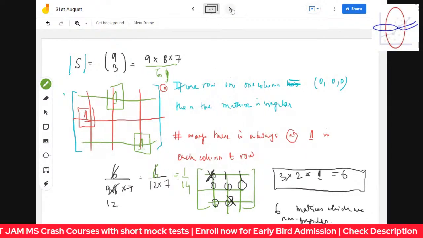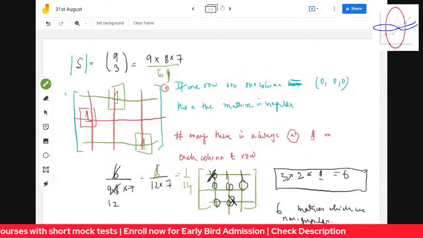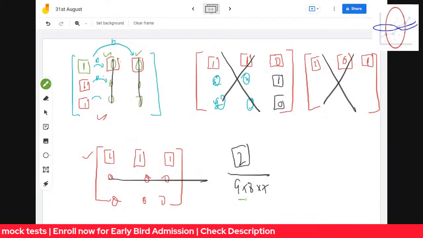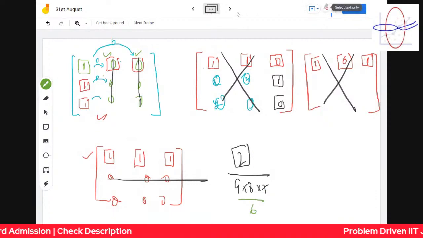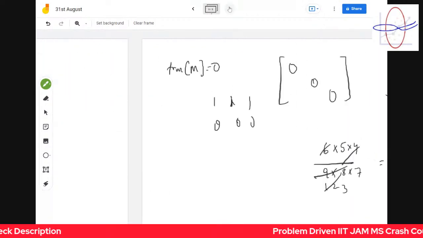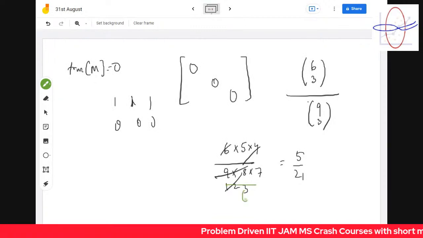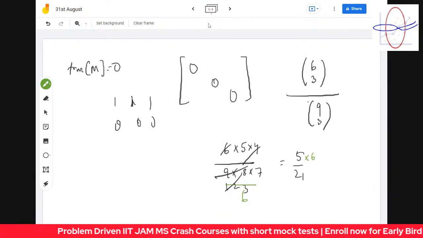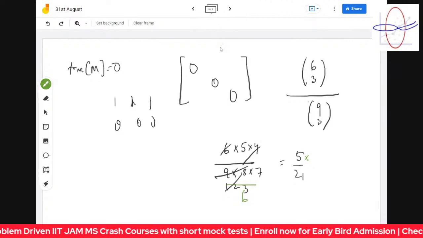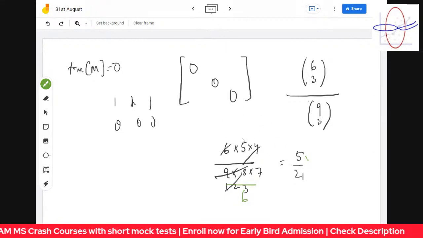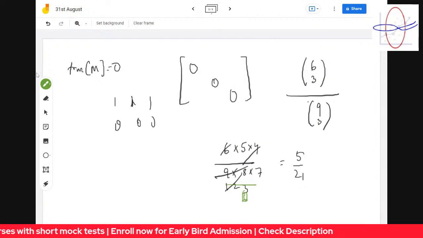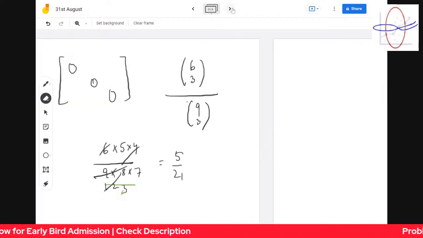So I made that mistake by a cross mistake. Oops, something is going wrong. No, here the 6 is automatically cancelled. That's not an issue. 5 by 21 is the answer over here.